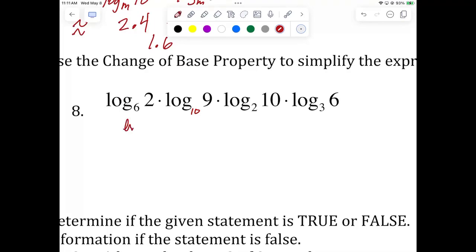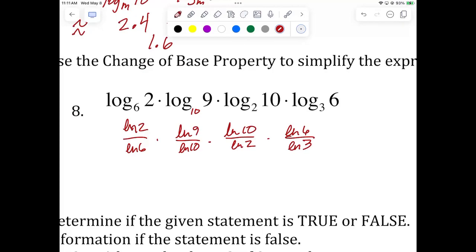So ln of 2 over ln of 6 times ln of 9 over ln of 10 times ln of 10 over ln of 2 times ln of 6 over ln of 3. And things should divide out. The ln of 10s divide out. The ln of 6s divide out. The ln of 2s divide out. And we're left with natural log of 9 over the natural log of 3.